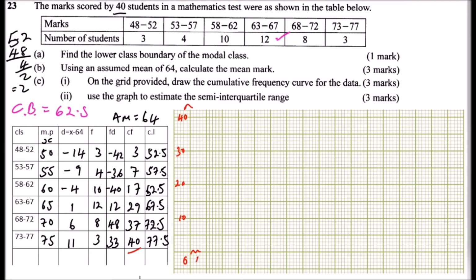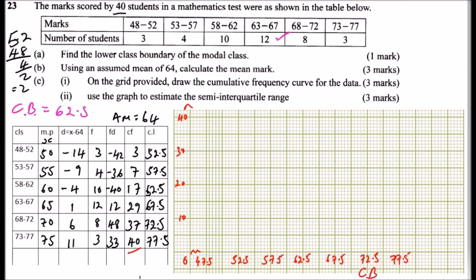So we say it is 47.5, and now we have 52.5, then we have 57.5, 62.5, 67.5, 72.5 and 77.5, and that is our class boundary.